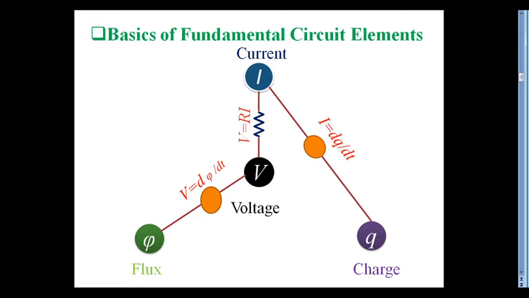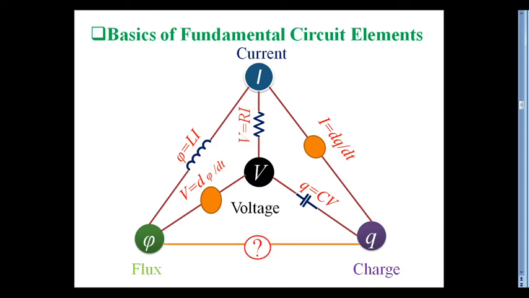Then Q and V, capacitors, Q equals to CV. And another very well known inductor equation, phi equals to Li. Here what we are seeing is that there is a missing link between Q, that is our charge, and flux phi. So that missing link is your memristor. It is a resistor with some memory.